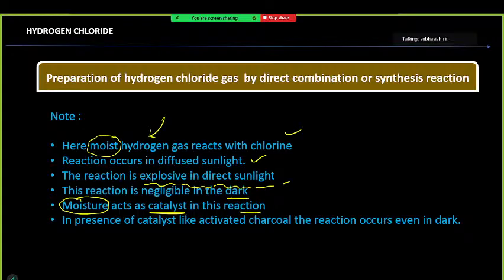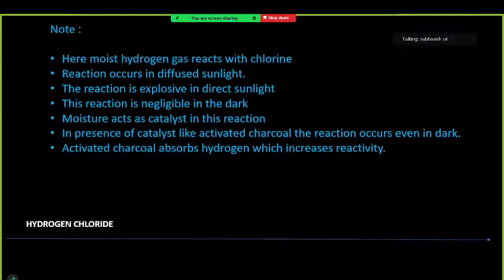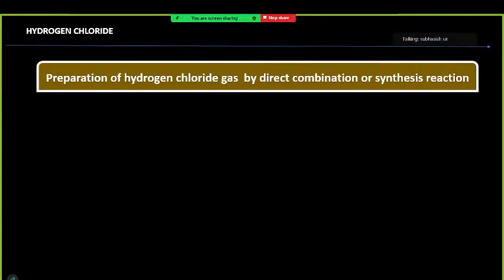In the presence of a catalyst like activated charcoal, the reaction occurs even in the dark. If you perform the reaction in the dark, then activated charcoal can be used as a catalyst. Activated charcoal absorbs hydrogen, which increases the reactivity of the reactants. Now next, we move on to the preparation of hydrogen chloride by the direct combination method.